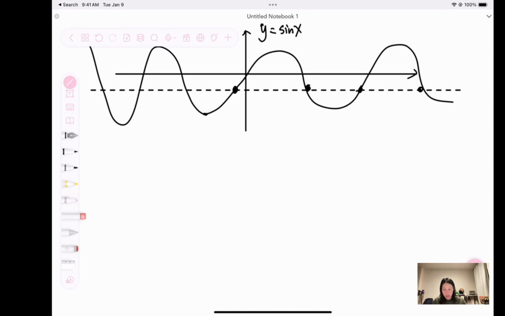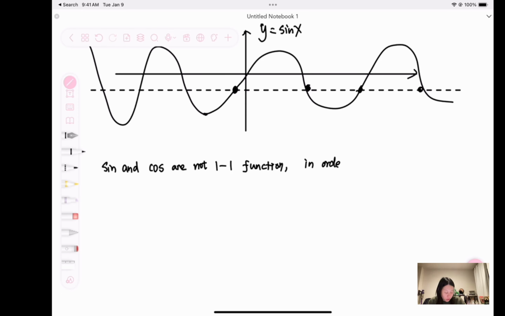I'm going to write this down. So sine and the cosine are not one-to-one functions.